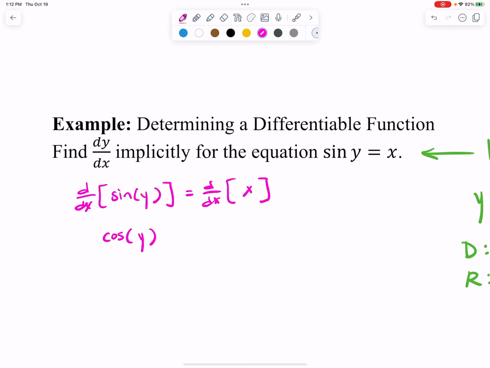Leave the inside alone, and then times the derivative of y with respect to x, which is dy over dx, to finish the chain rule. And the derivative of x with respect to x is dx over dx, or just 1. So then it's easy to isolate dy over dx: it would be 1 over cosine of y.